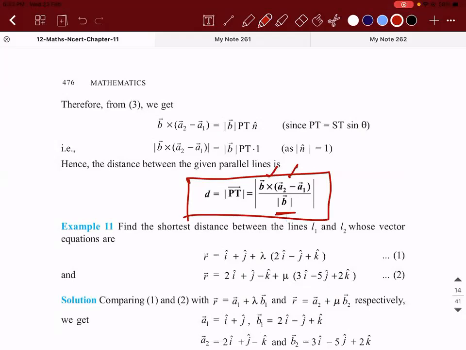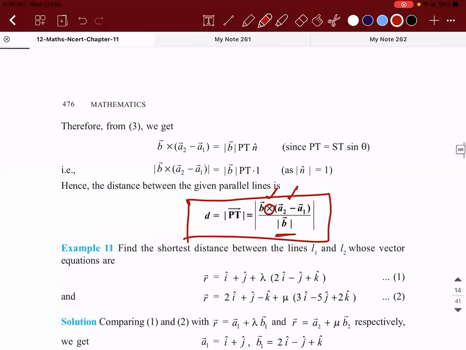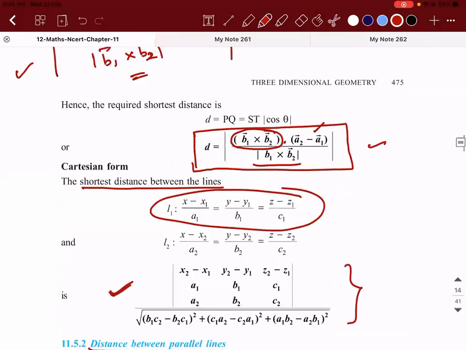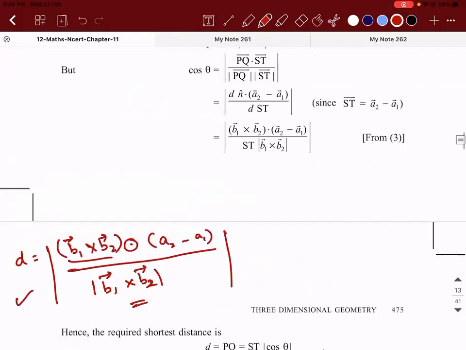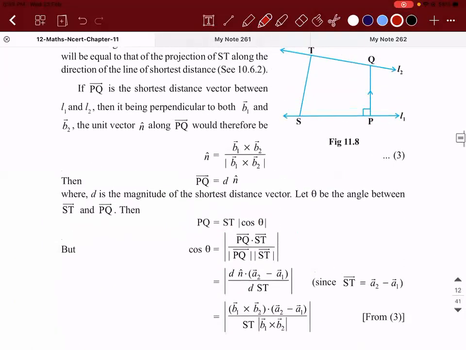You will have only one vector, that is B vector, and here it becomes a cross product. So B cross A2 minus A1, whereas in the case of skew lines, B1 cross B2 dot A2 minus A1. These are the only two differences you need to make a note of. Because if I start this derivation, I have to explain the vector products, taking the unit vector and then going for the projection, and it will confuse you. Let's not get into those details.